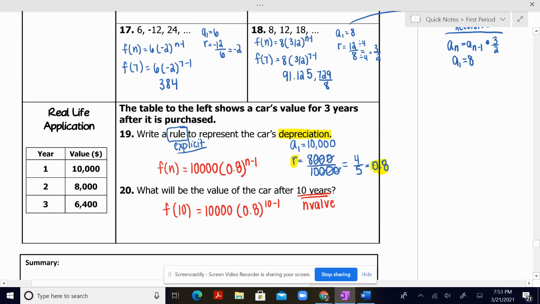And like I said before, we're not plugging in 7 every time. We are plugging in whatever term number it's asking you to look at. So 10,000, and then in parentheses 0.8, or you could have used the 4/5, raised to the 10 minus 1 power.